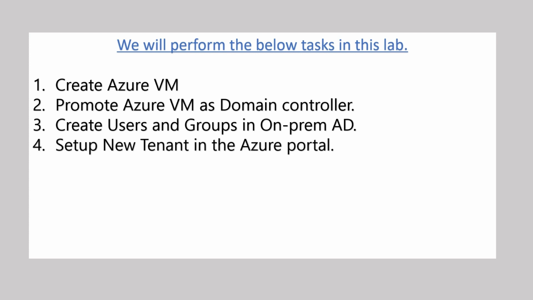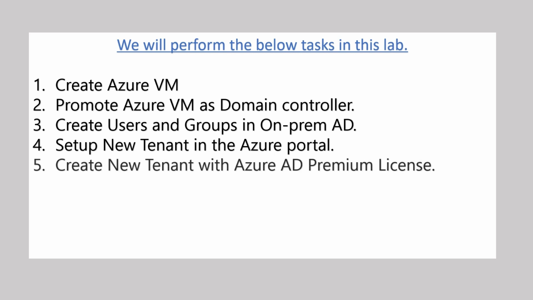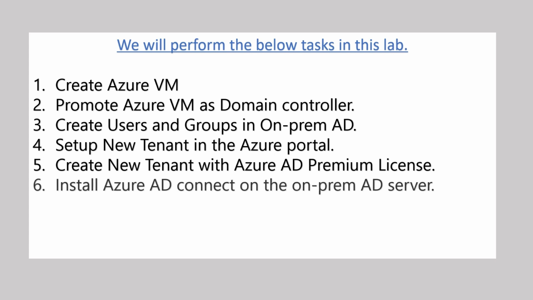Then I will set up a new tenant in the Azure portal. A new tenant is nothing but your new directory in the Azure portal. When we are setting up the new tenant, as per my subscription, which is a free trial account, I will get the Azure AD free version. After that, we will log into our on-premise domain controller server.